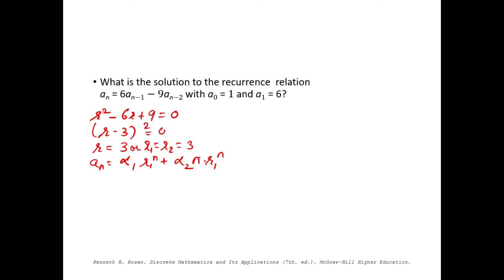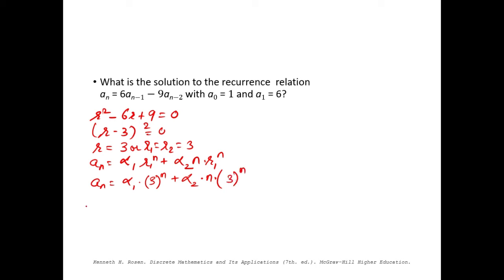So for this particular recurrence relation, we get an is equal to alpha 1 into 3 raised to n plus alpha 2 into n into 3 raised to n.